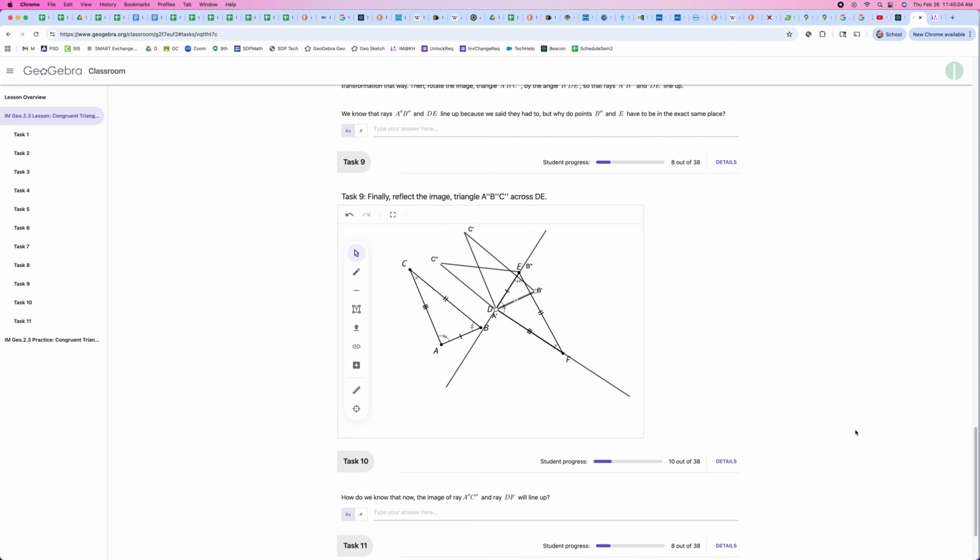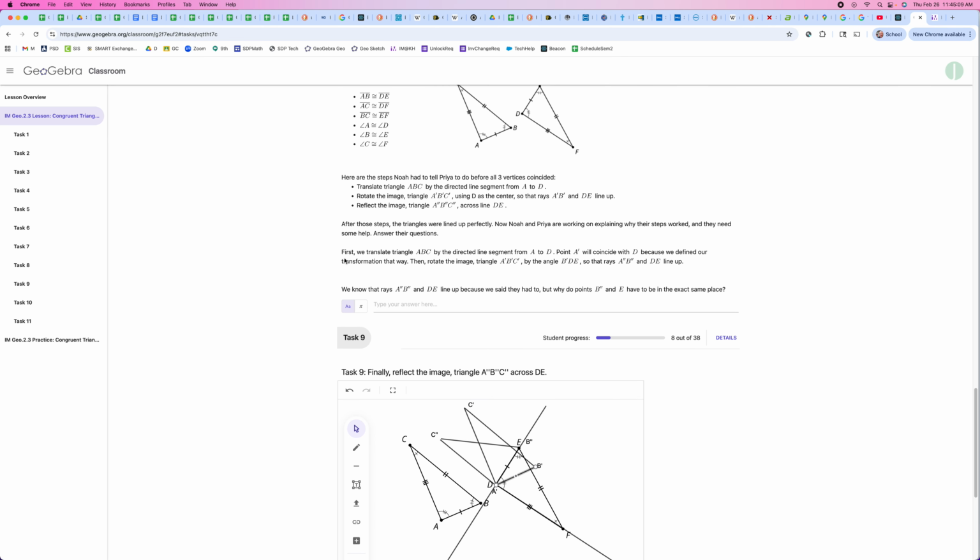Okay, great. So that's task 10. So far we've been using the given information to answer these questions. Why do these two line up? Well, why do these two points have to be in the same place? Because AB is congruent to DE.